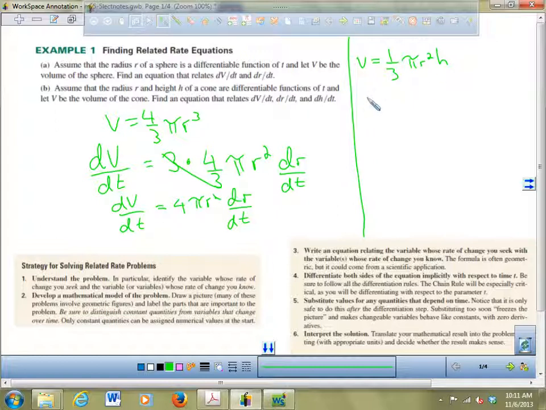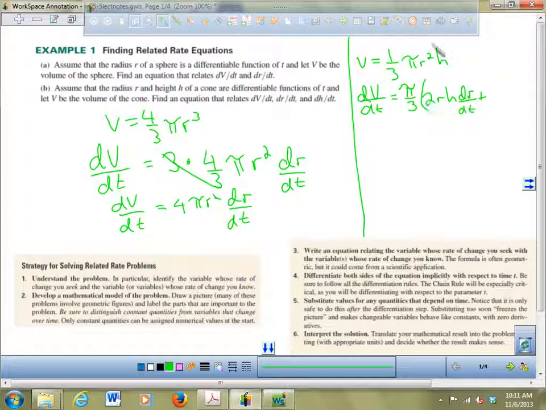So dV/dt is equal to, what I would do is pull out the constant in front. Instead of 1/3 pi, I'll say there's a pi over 3 in front, times the derivative of r squared times h. Which is 2r times h, and I put dr/dt over here, because I just took the derivative with respect to r.